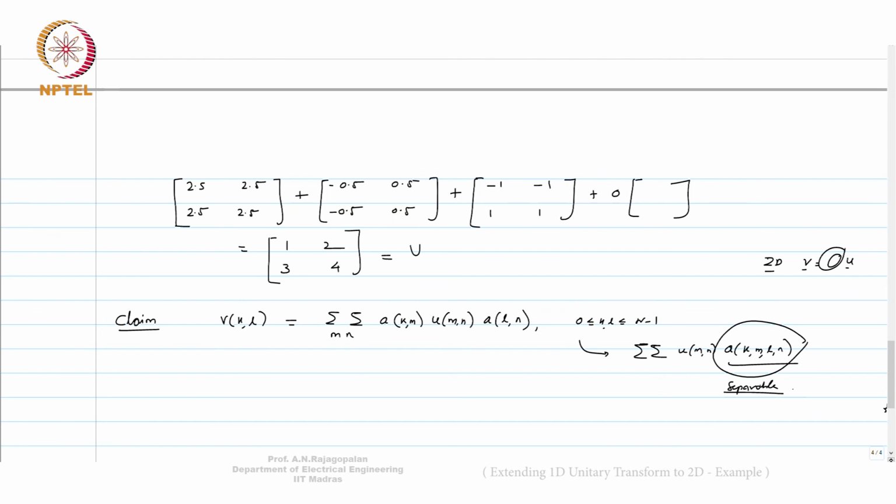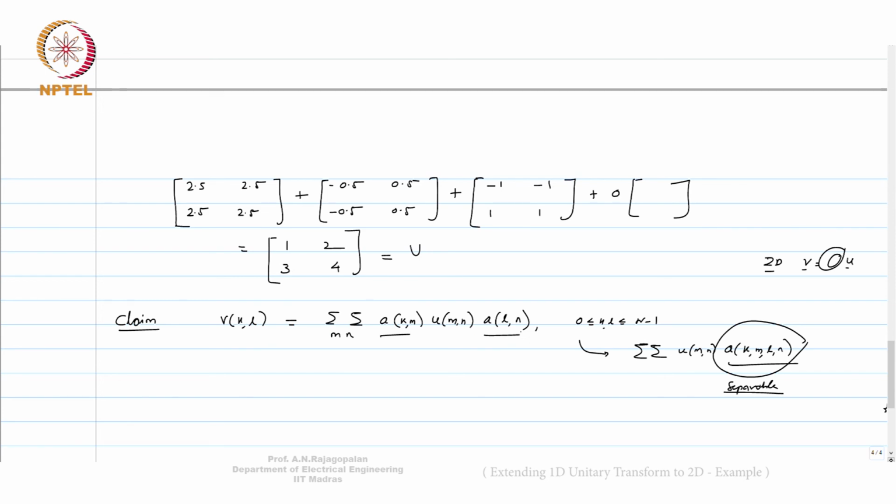This guy splits as A of K M and A of L N. For example, if you take a Fourier transform, in 1D it is e raised to minus j2 pi by n kn. Look at a 2D form, it will be e power minus j2 pi by n times nk plus nl. So it kind of splits.